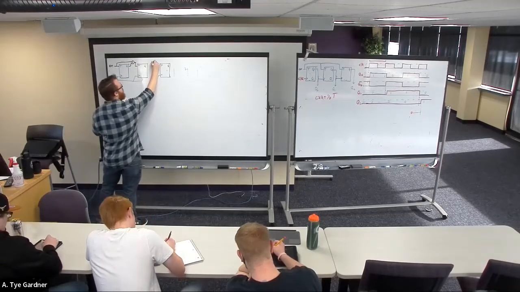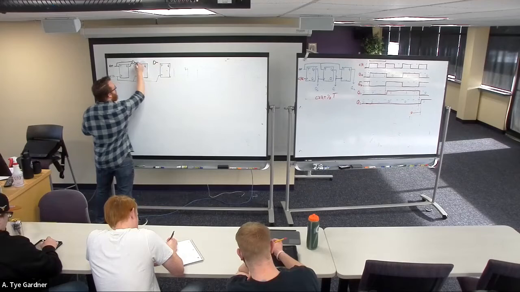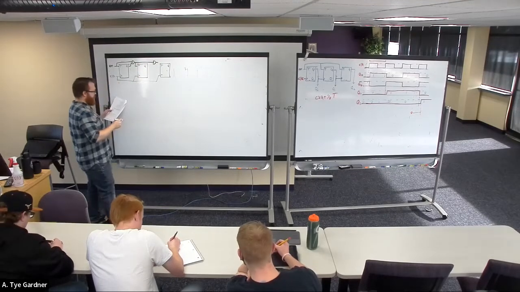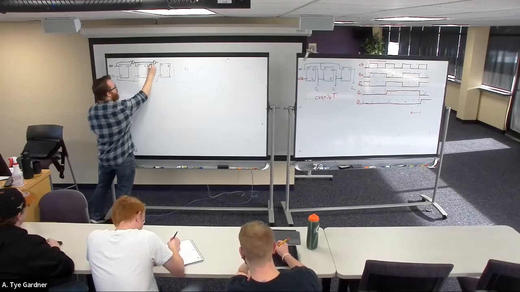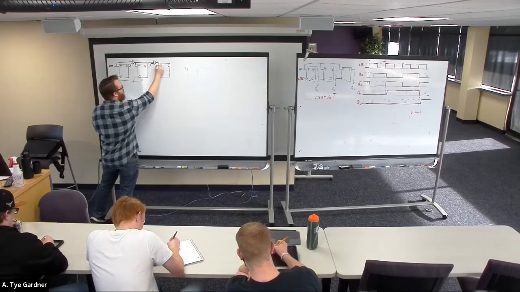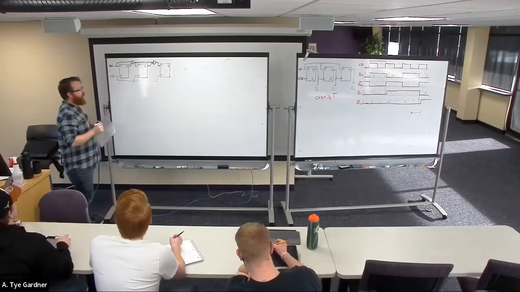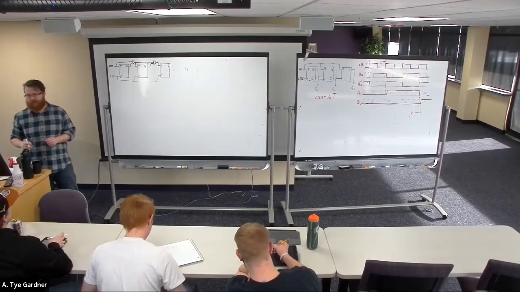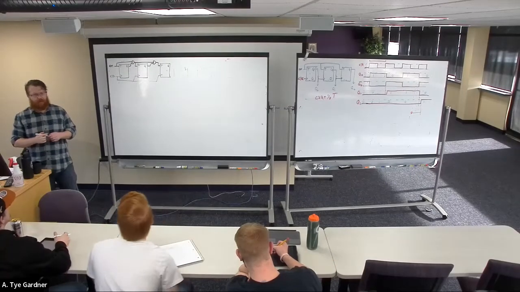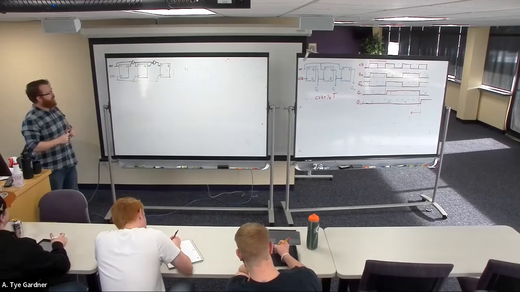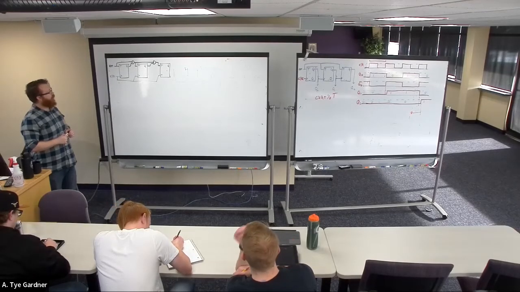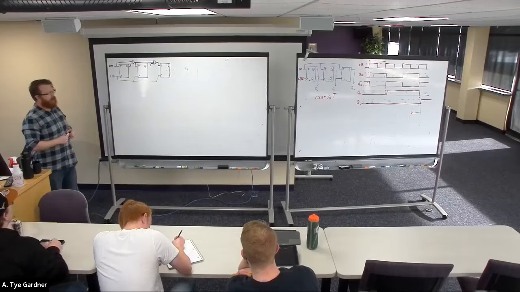And the next one says, if the previous Q was 1 and this one is 1, then we can toggle. And then we just start repeating that architecture. This is now a synchronous counter. And they share a clock.